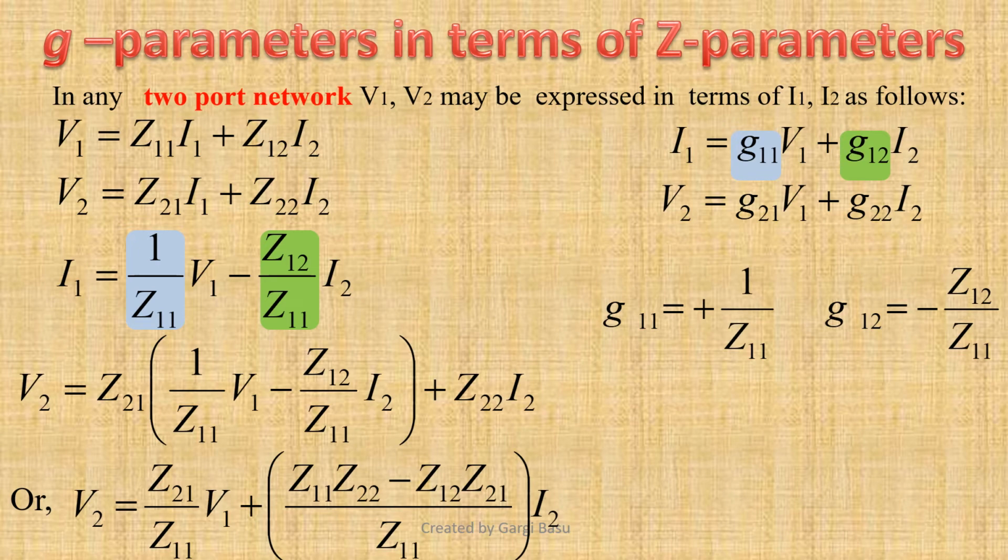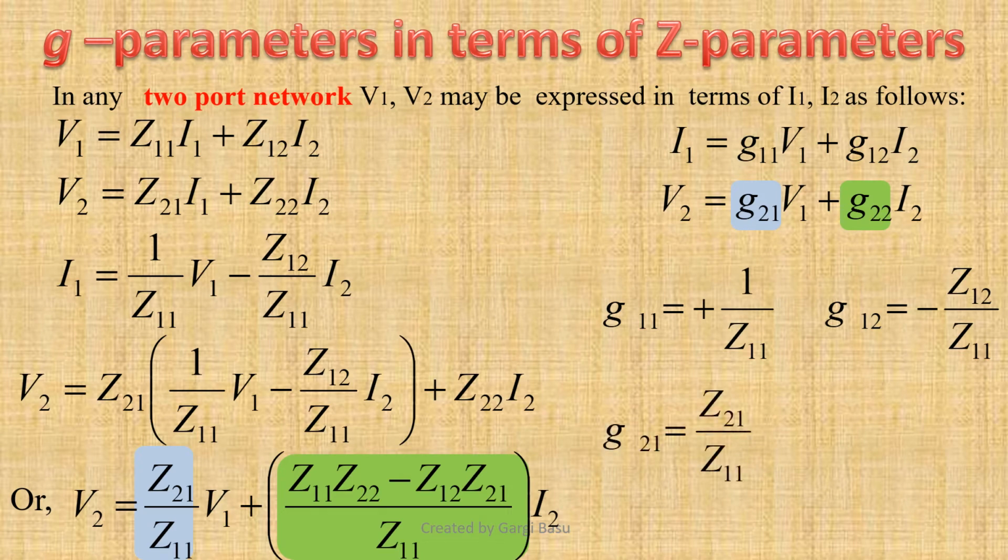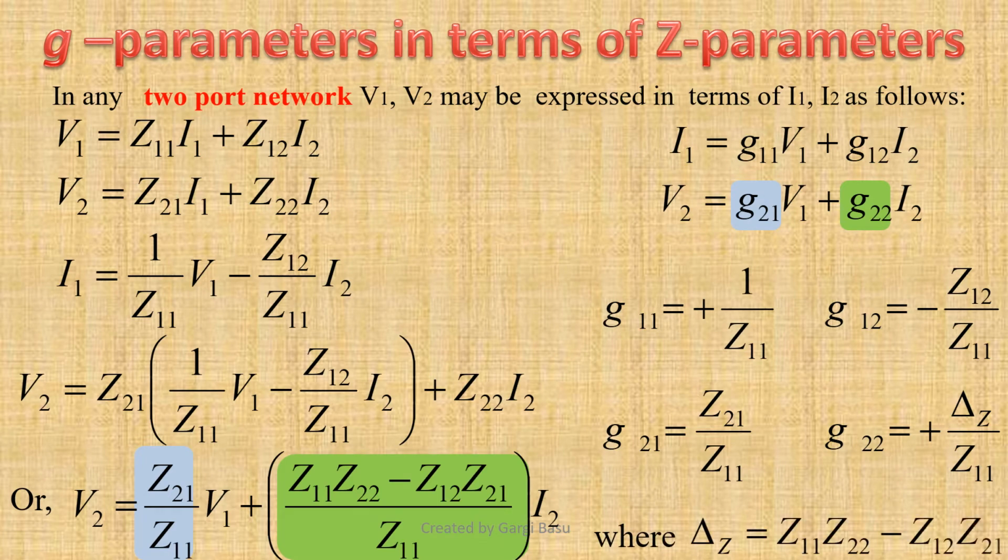Now comparing the expressions of V2, we get G21 equals Z21 by Z11 and G22 equals delta Z by Z11, where delta Z equals Z11 Z22 minus Z12 Z21. Now we have expressed our G parameters in terms of Z parameters.